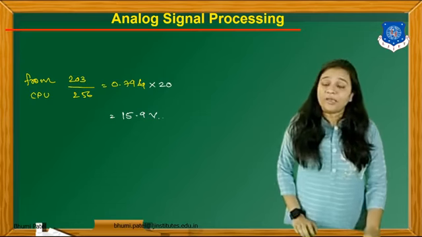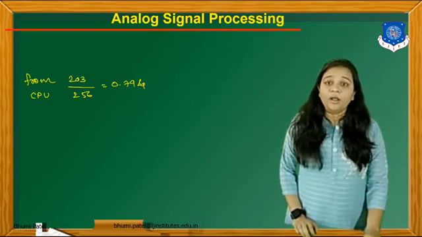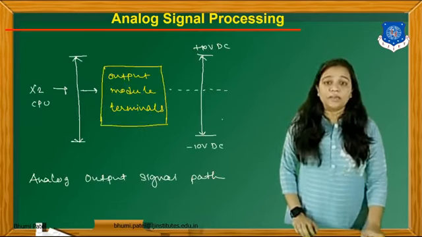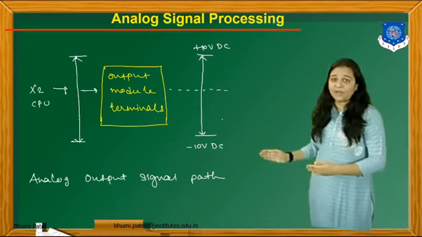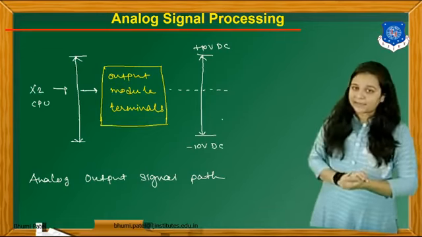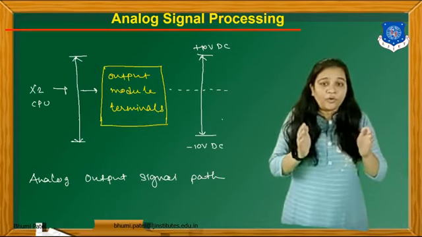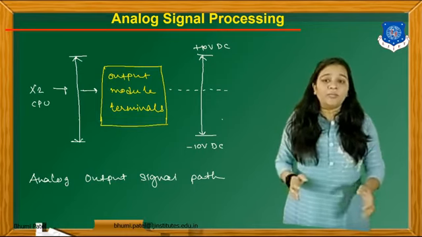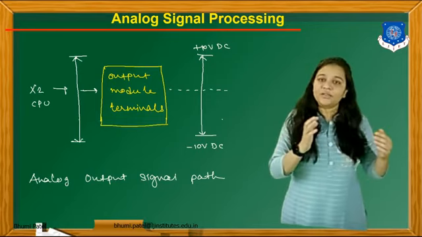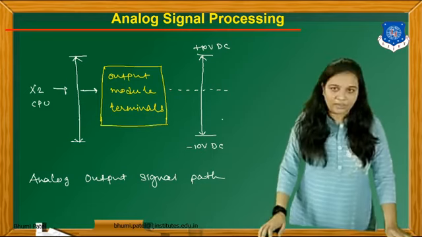So we have to multiply with the maximum limit. Now here you can see that the limit is given minus 10 volt to plus 10 volt. That means my overall limit will be minus 10 to plus 10, that is equal to 20 volt.